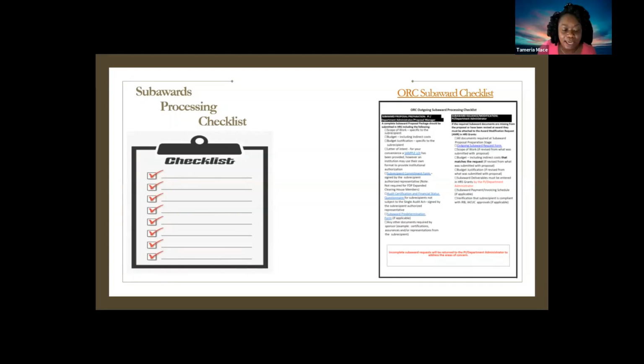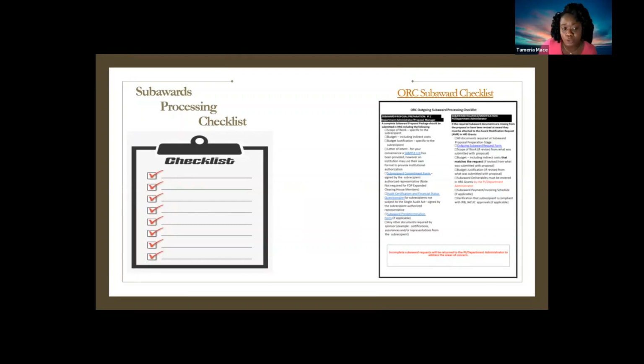Okay, so I'll answer that question. How we handle F&A rates is governed by the uniform guidance. So as a pass-through entity, you must have a federally negotiated rate. If you do not have a federally negotiated rate, you have two options.